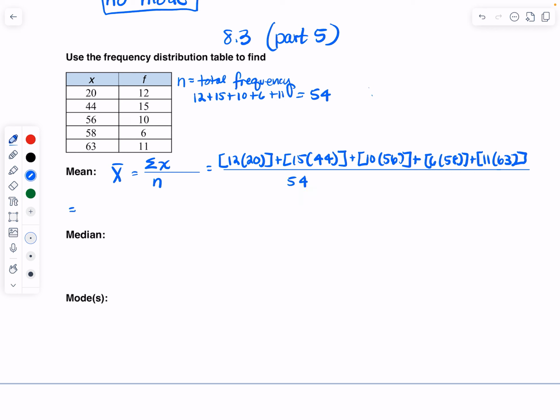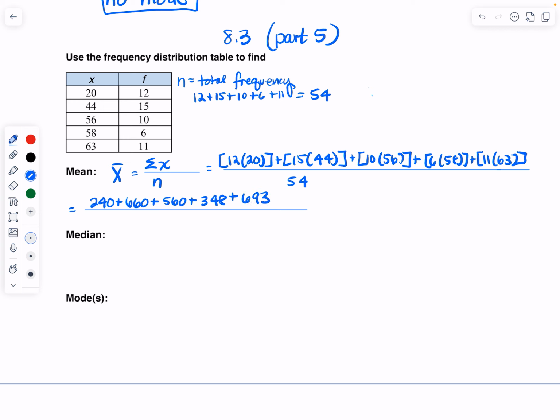Okay, so my next step is going to be to figure out what these values are when I multiply them. All right, so 12 times 20 gives me 240, plus 15 times 44 gives me 660, plus 10 times 56 is 560, plus 6 times 58 equals 348, plus 11 times 63, and I got 693.